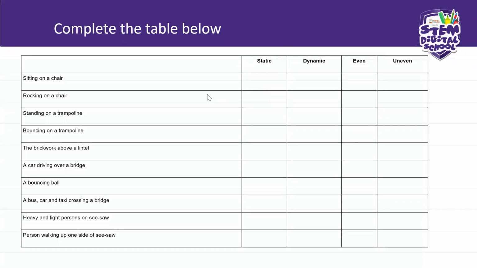Okay, remember we said a load that is distributed over the structure is even. But the one that is concentrated on the same spot is uneven. So the correct answer there is uneven. Rocking a chair, if you are rocking a chair, is it static or dynamic force?